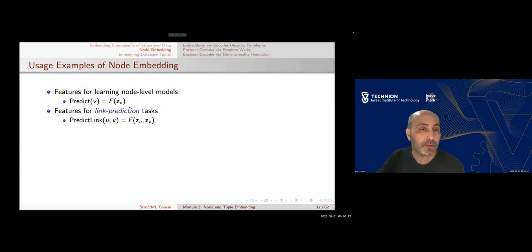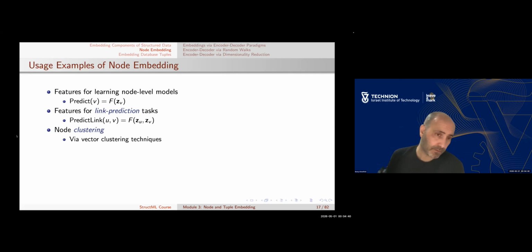Similarly, you can do it for link prediction. The prediction over the link uv is a function of the embedding of u and the embedding of v. You can do clustering by clustering numerical vectors, which gives you a clustering of the nodes. You can do visualization like t-SNE.